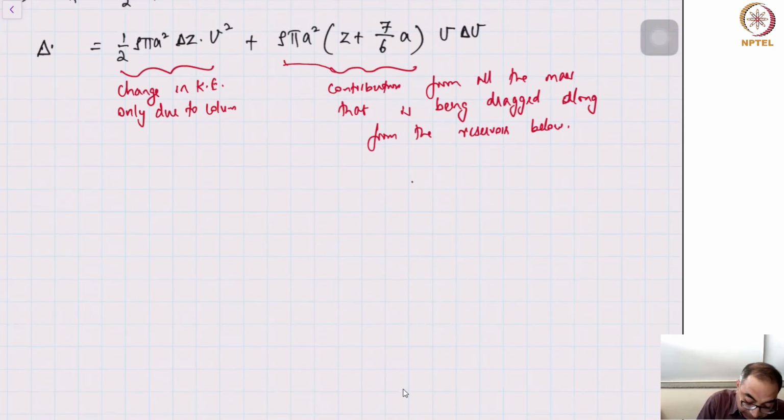This is delta Ek. Okay. Now let's consider the case without considering the reservoir below.